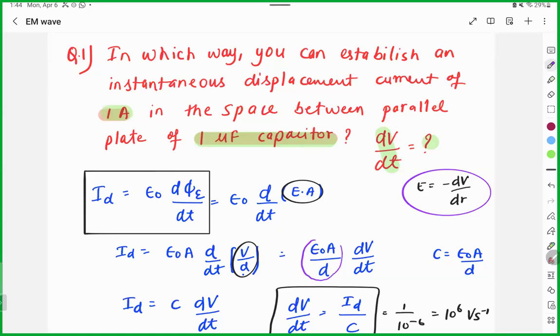Epsilon naught A by d is equal to C. This is equal to capacitance. Right? So you know the displacement current is 1 ampere.